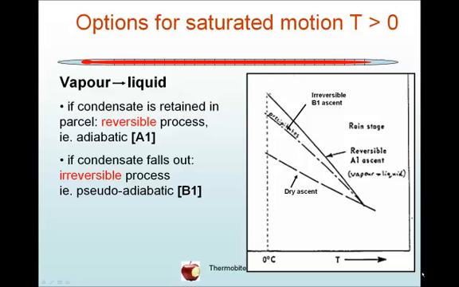If the condensate falls out, however, precipitates out, then we have an irreversible process. We go back down the adiabat and we don't have that liquid water we had before. And so we refer to that as a pseudo-adiabat. You can see that the reversible ascent, the reversible adiabat, cools even more slowly than the precipitate because there's a heat content to the liquid. The liquid also cools as it rises, and that makes a contribution.